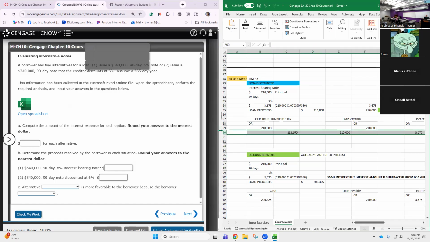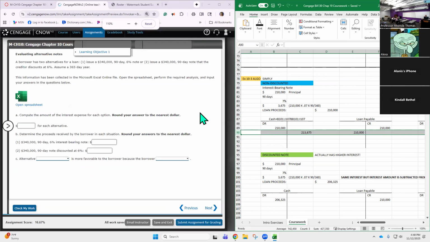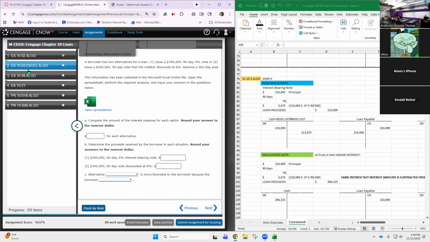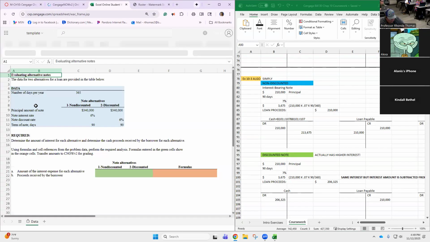It's just that when the borrower gets the money, all right, so let me see if I can make this a little bigger. There we go. We're on number 2, which is 10.3, and it's got a little Excel to it. Let's open up Excel and see what they've got.